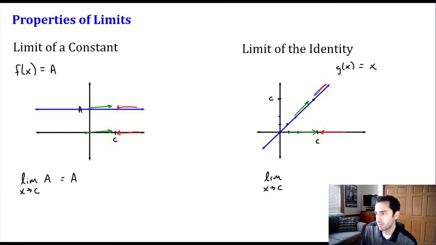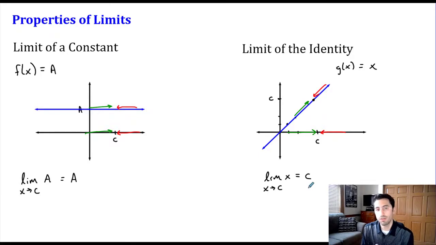Along my line, it seems my y values are also getting closer and closer to c. So overall, the limit as x approaches c of x is always equal to that value of c.